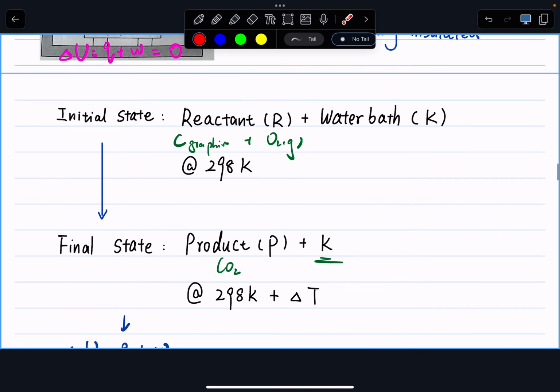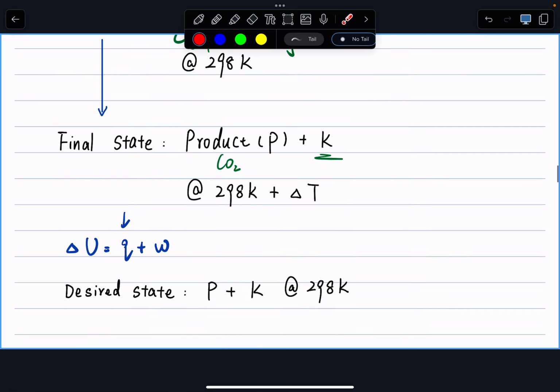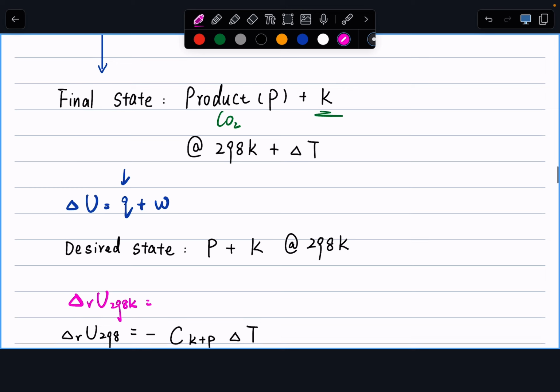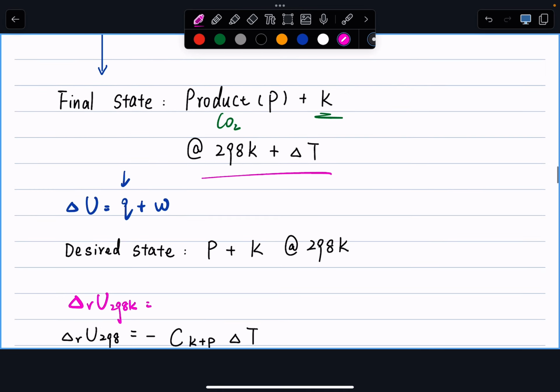Like this is an actual experiment. You start from reactant and water bath, you go to product and water bath at a different temperature, but in reality, we want it to be product plus water bath at 298 Kelvin. So what we're looking after is the change of this reaction. It's the difference between these two states.